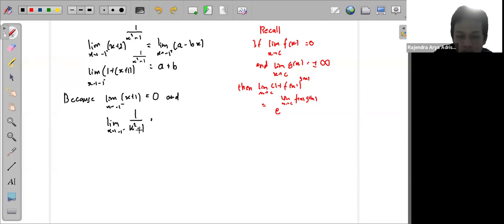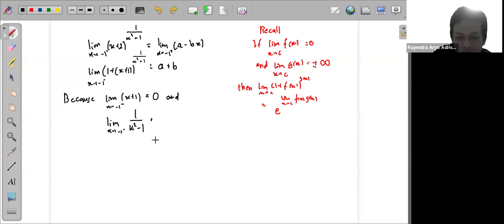From the left, you can try plugging in values that are smaller than -1, like -1.3, -1.2, -1.1, and substitute it here. You will get something a little greater than 1. So we have that number subtracted by 1, we get some small number, right?